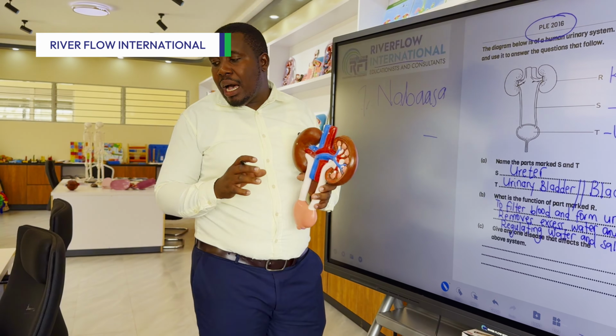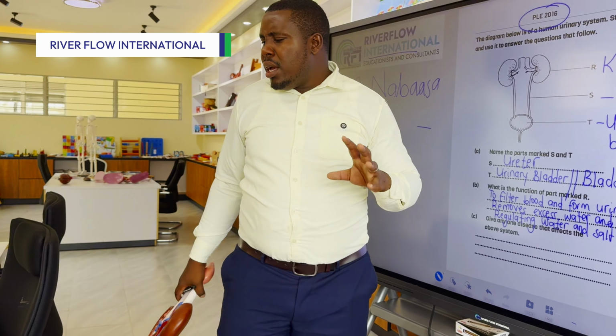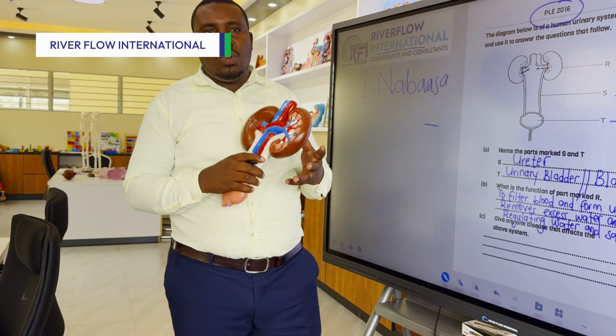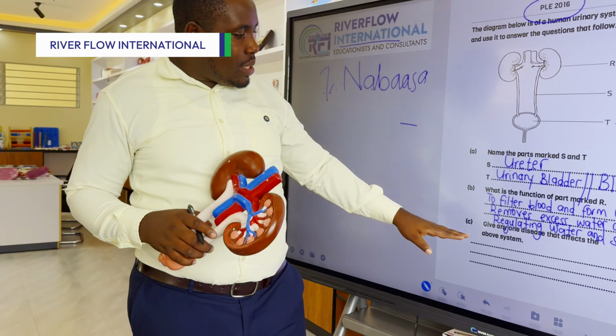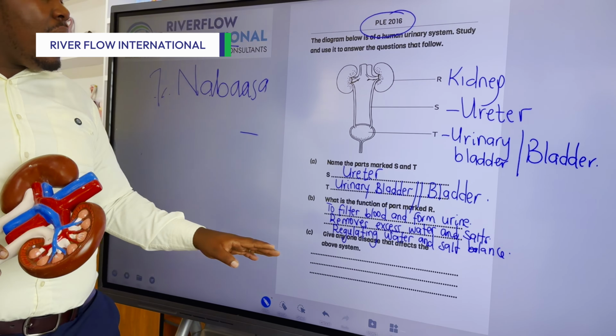So those are some of the functions, but then you can also give very many others, as you can see.